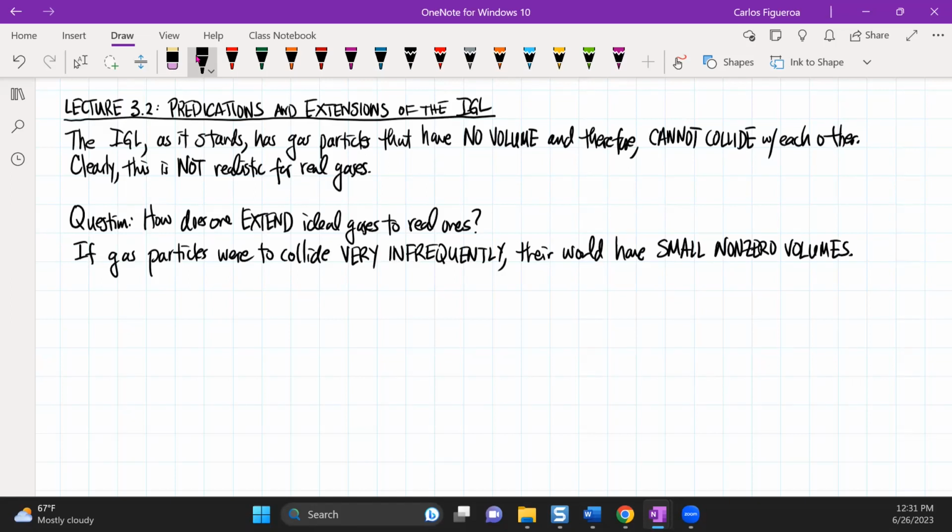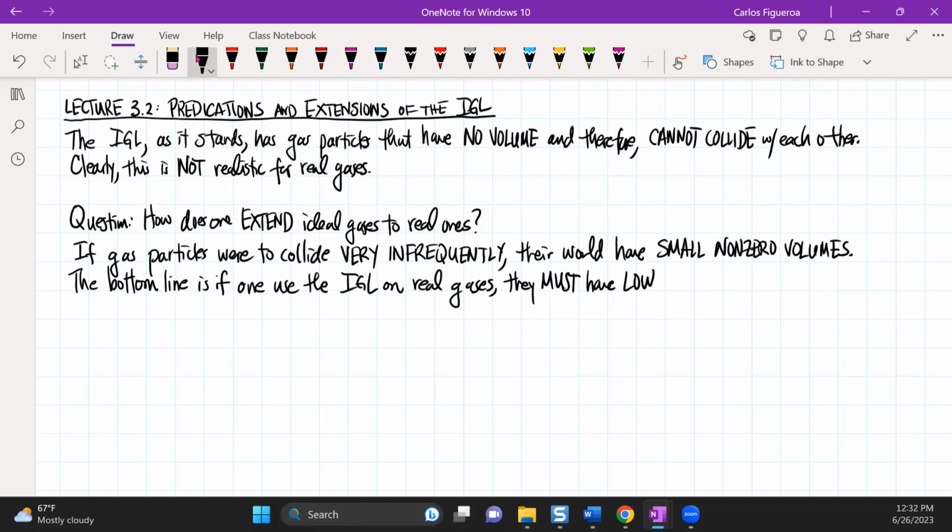So, in other words, the bottom line is if one uses the ideal gas on real gases, they must have low densities.